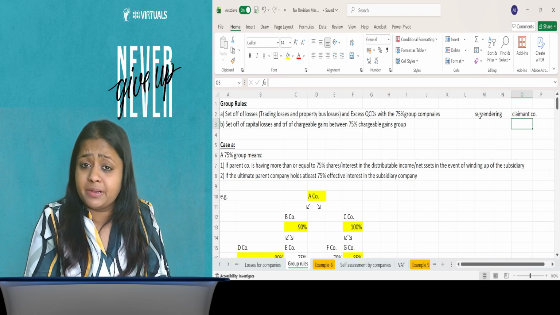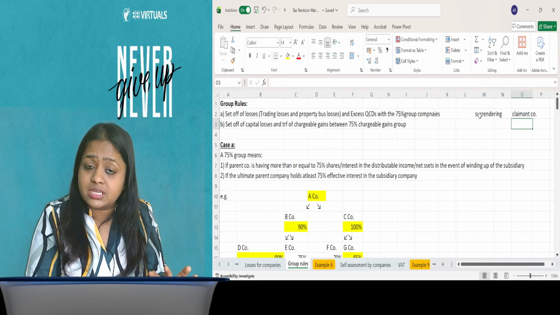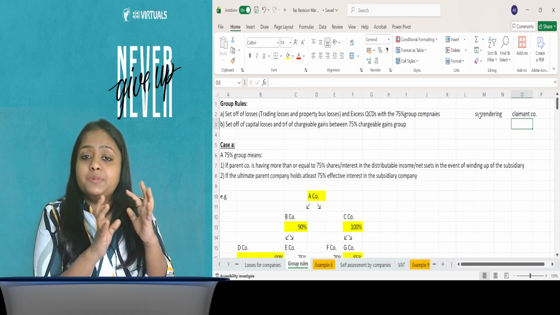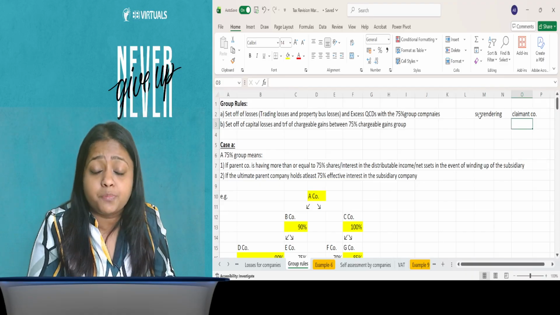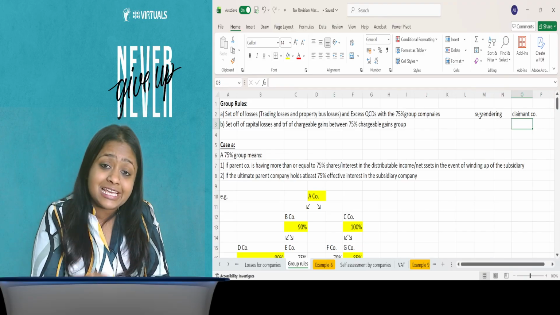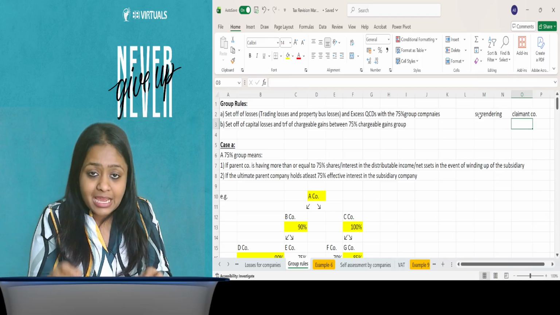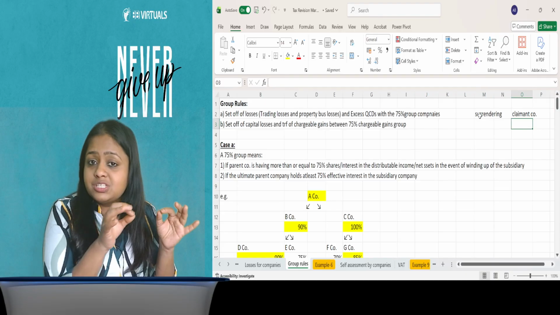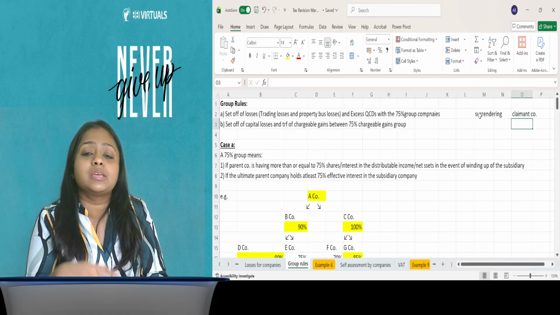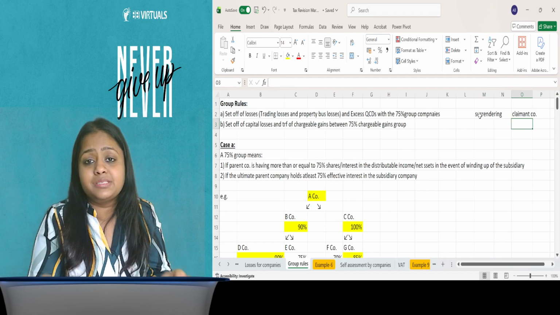See, current year property business loss will first be adjusted with the surrendering company's own total profits. Only the remaining excess property business loss can be surrendered to the claimant company. Likewise, QCDs also we will first adjust with the surrendering company's total profits and then only the excess QCDs can be surrendered. Only current year trading loss can be surrendered in full.